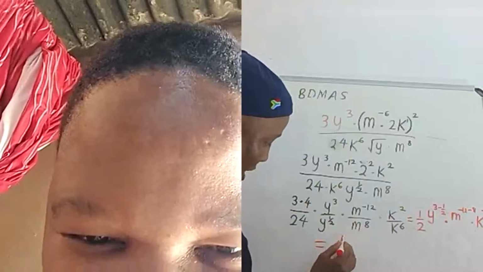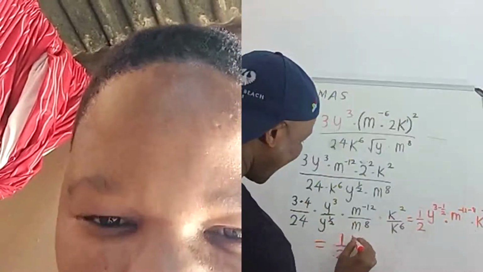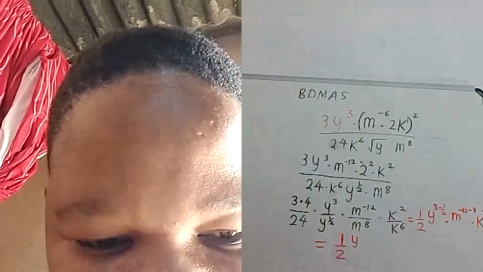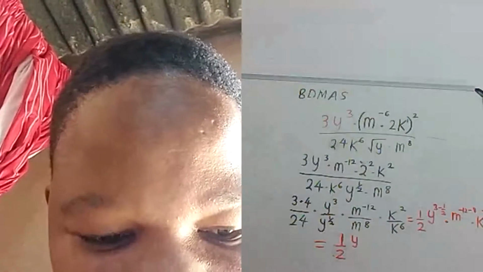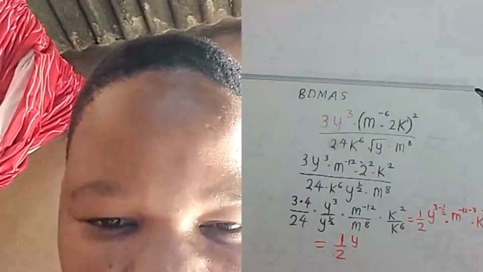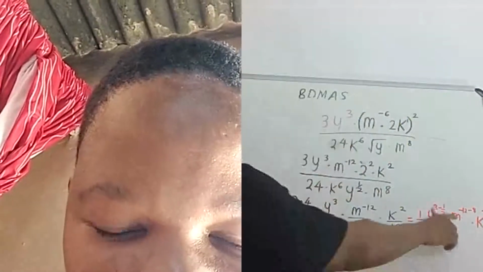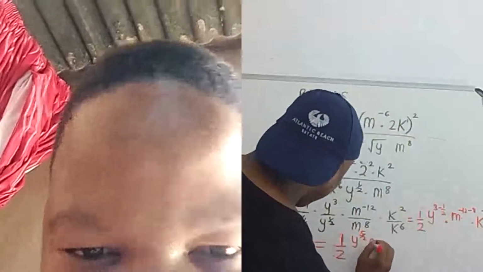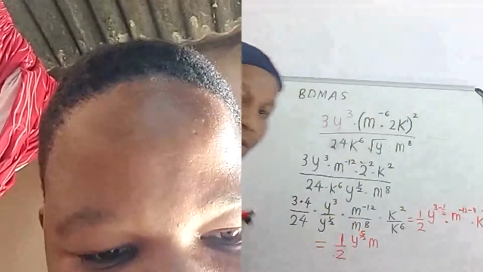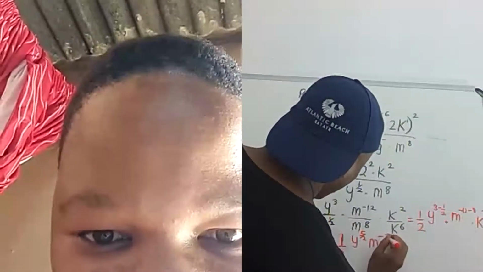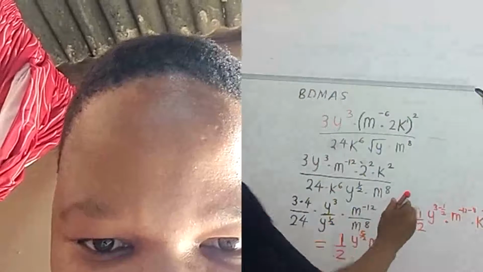It's going to become y power 3 minus 1/2, which is 5/2. 5/2 is the power. Now this will become m power minus 12 minus 8, which is equal to minus 20. Very good. Now we go for the last one.